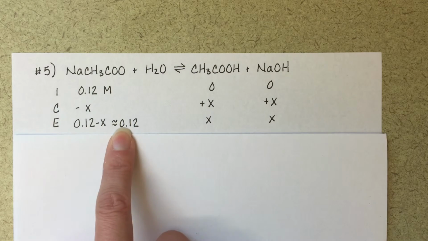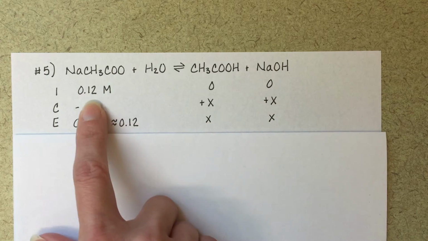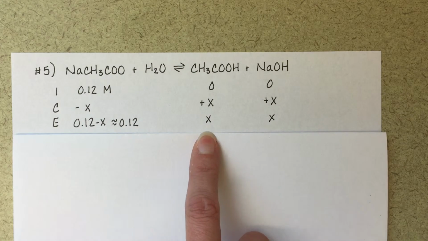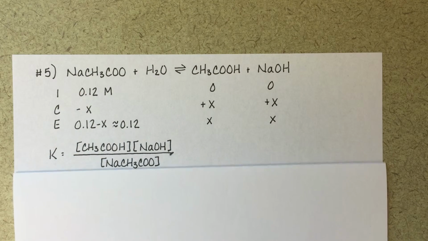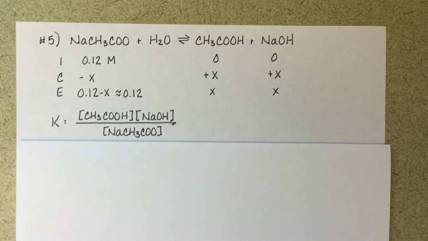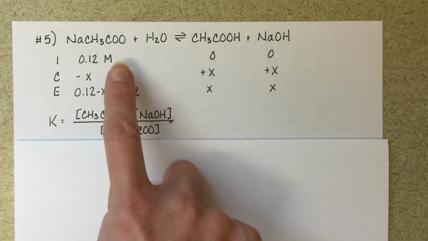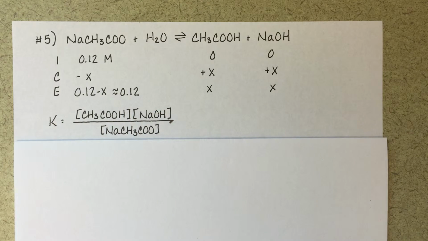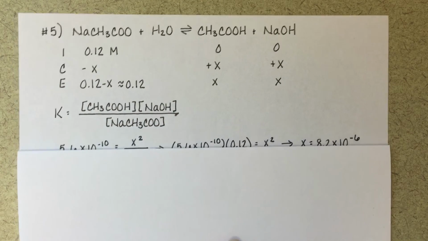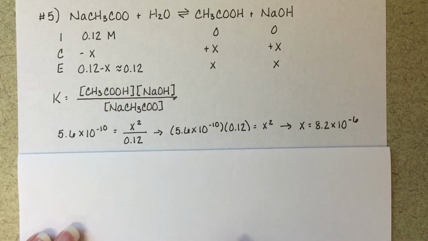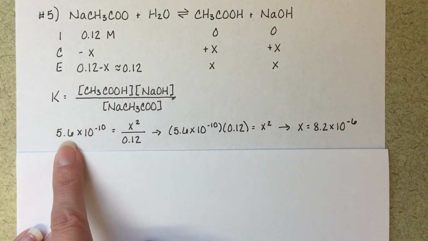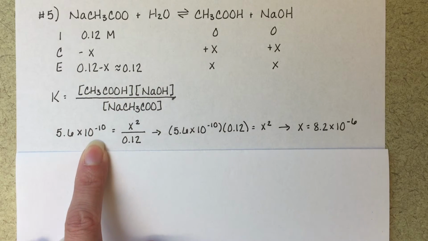We're going to make the assumption that X is very small, so at equilibrium we're still going to have about 0.12 molar sodium acetate and some unknown amount of acetic acid and sodium hydroxide. We can set up an equilibrium expression for this reaction, products over reactants raised to their coefficients. Remember, we're leaving out water because it's a pure liquid. I am telling you that the equilibrium constant for this reaction is 5.6 times 10 to the minus 10.